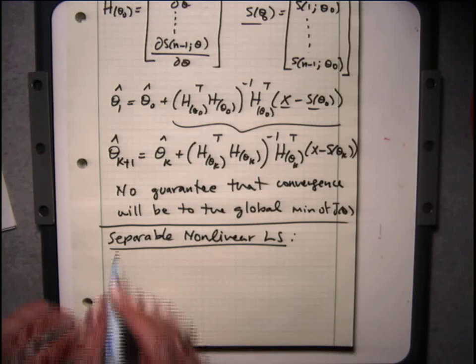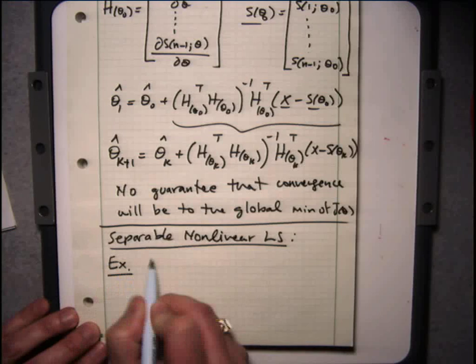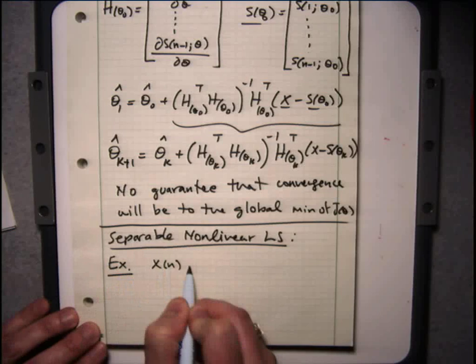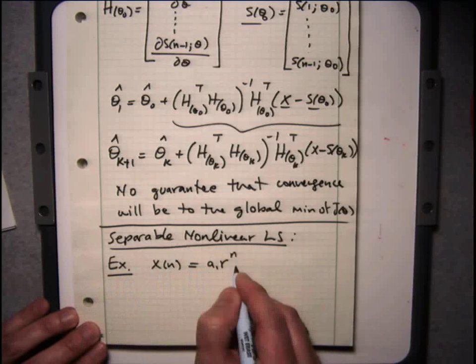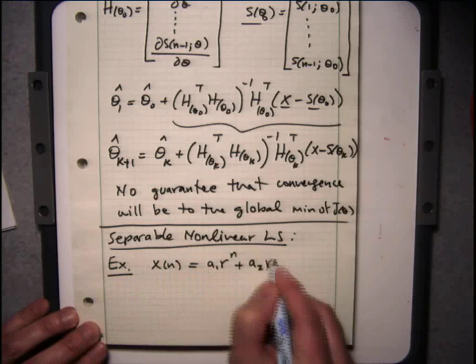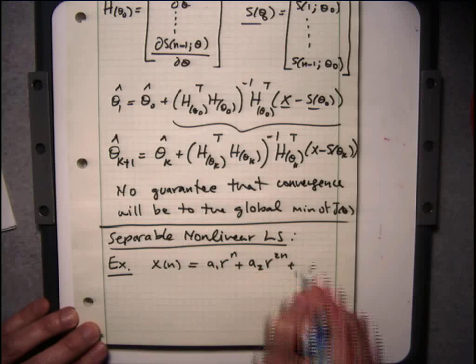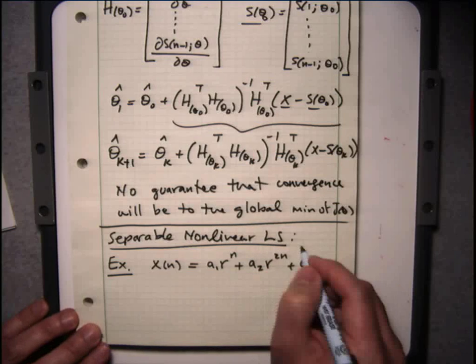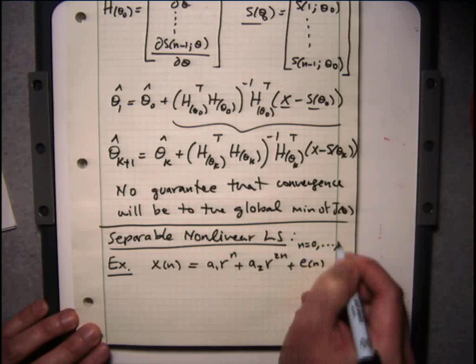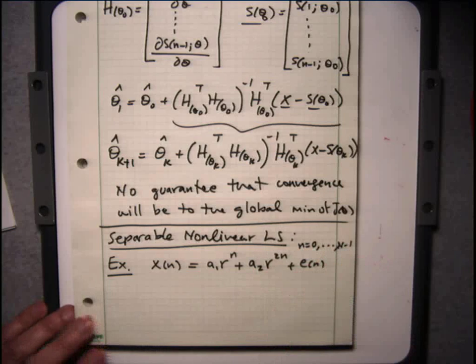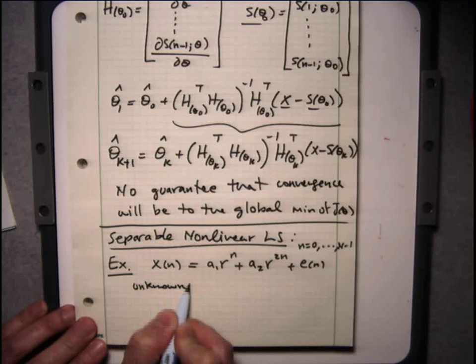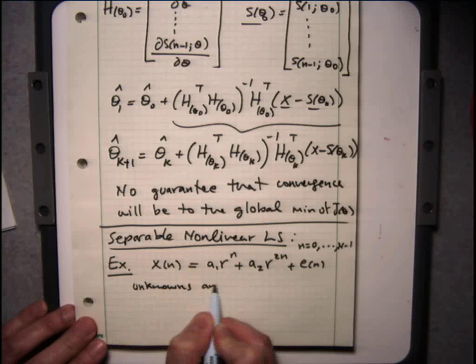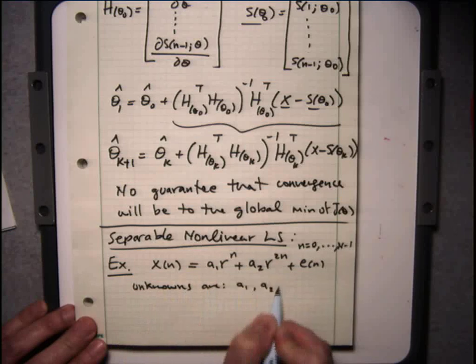Let me give you an example. Let's say we have a bunch of data expressed as follows: A1 r to the n plus A2 r to the 2n plus, you could have a bunch of other terms too, it doesn't matter, plus e of n, for n equals 0 to N minus 1. And I'm going to say the unknowns are A1, A2, and r.